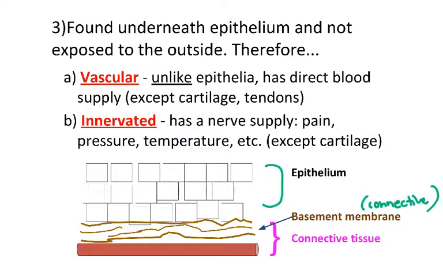Because connective tissue is not as tightly packed as epithelial, it's capable of holding lots of stuff like nerves and blood vessels. Therefore, because it's under the epithelial cells and less densely packed, it's capable of being vascular, which is the term meaning it has a blood supply, which it can provide food to itself and to the epithelial above it.